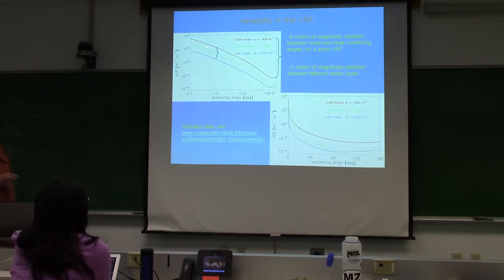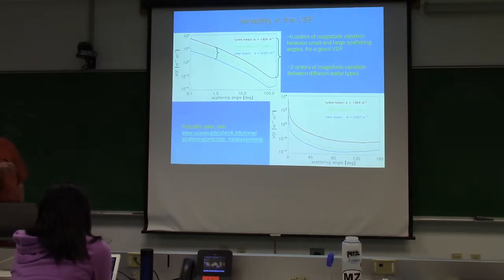He's got one that's green called Coastal Ocean and one that's Clear Ocean, which was measured in the Bahamas. If you just look at the volume scattering function for those water bodies, there's about 2 orders of magnitude difference as you go from very clear to coastal to turbid harbor water.